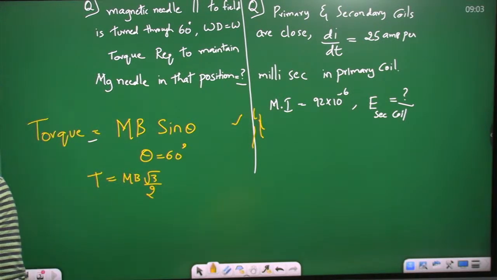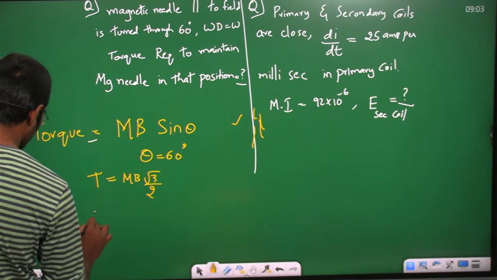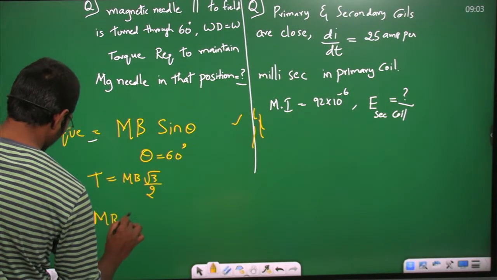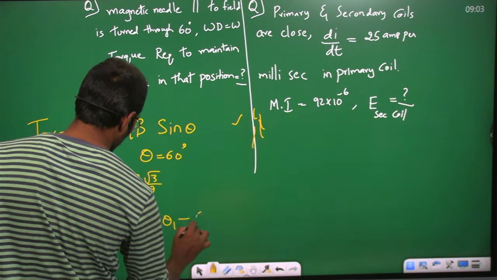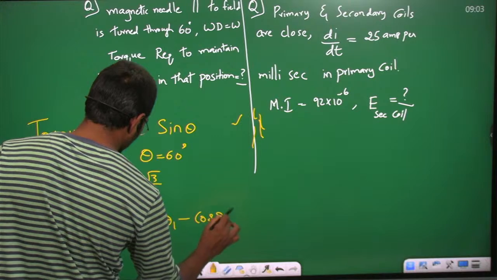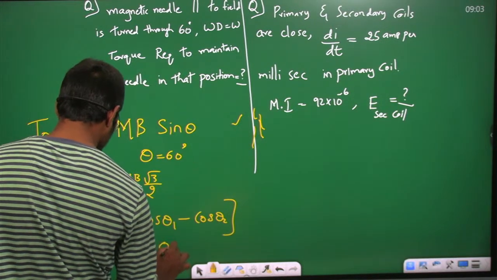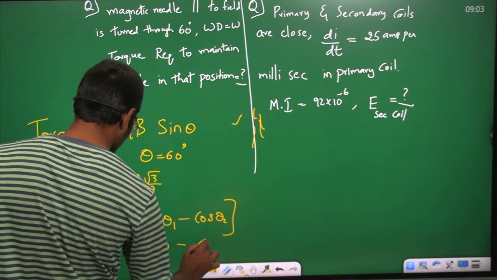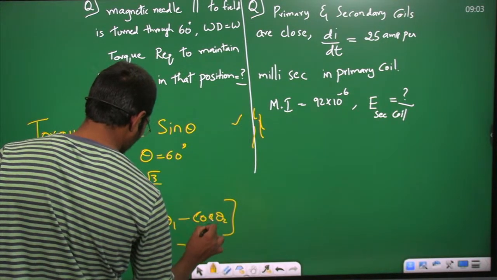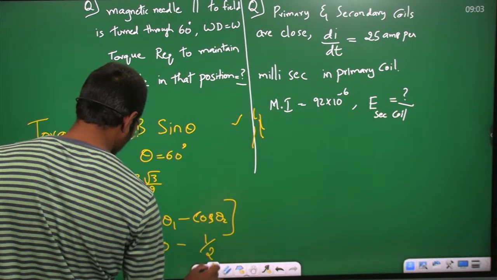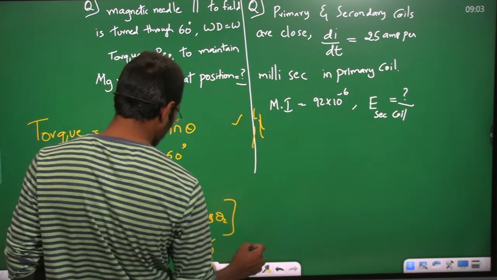So work done is equal to mB (cos theta 1 minus cos theta 2). So it will be 0 minus 60. So cos 60 is half. So it will be mB by 2.